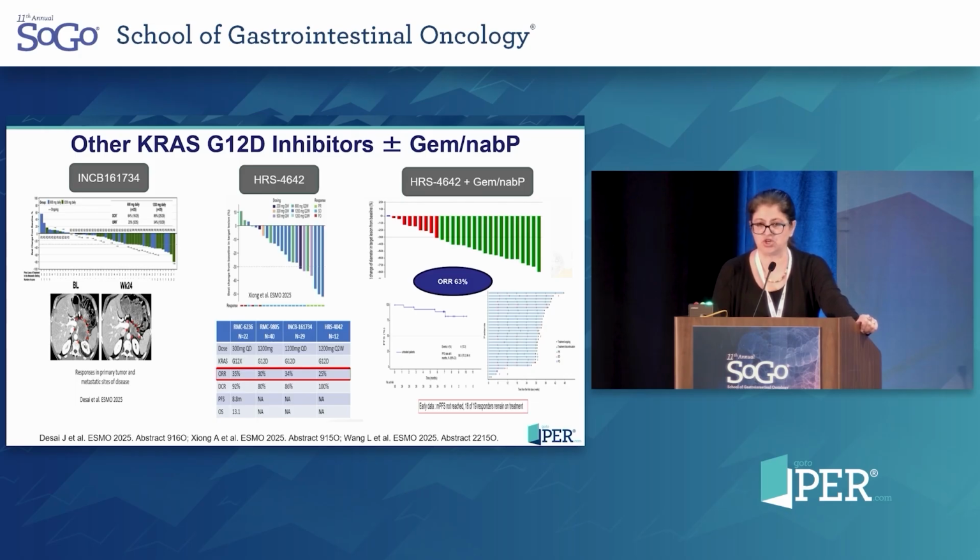And also from China to the right, in combination with gemcitabine-nab-paclitaxel, response rates with monotherapy about 30% across the board, and in combination with chemotherapy, and this is frontline, response rates go up to about 60%. And as you can see in the graph below to the right, some of these responses and benefit are long-term. Progression-free survival is not reached. It's very premature, but has not been reached to date.